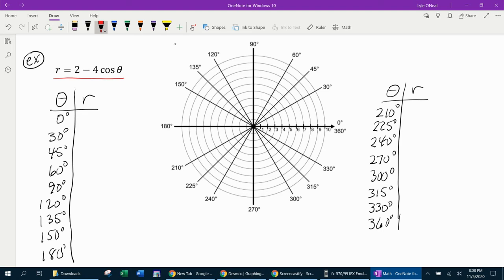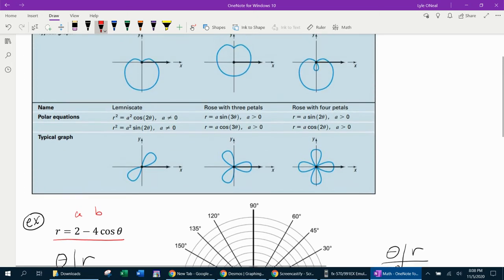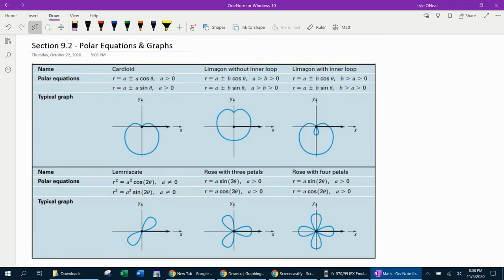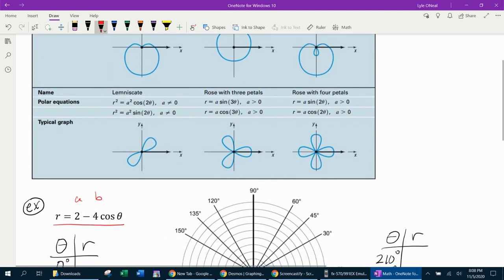Now in this case, this would be a and b. We can see that the coefficient of the trig function is bigger than a. And remember, in that case, that's going to be your Limacon with an inner loop. When b is greater than a, that's a Limacon with an inner loop.